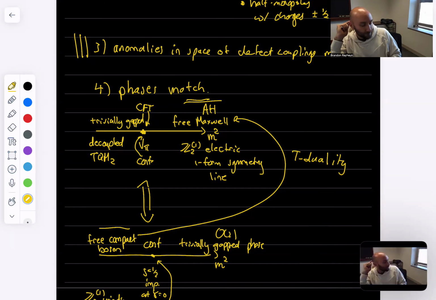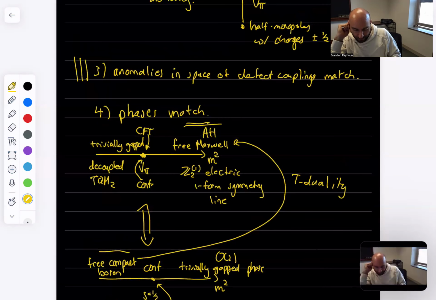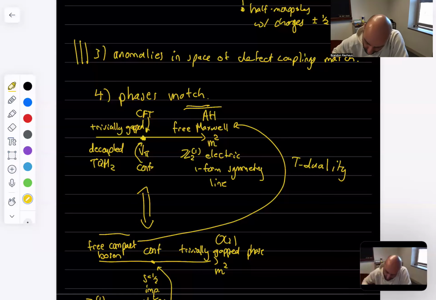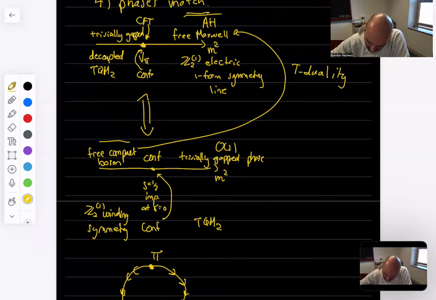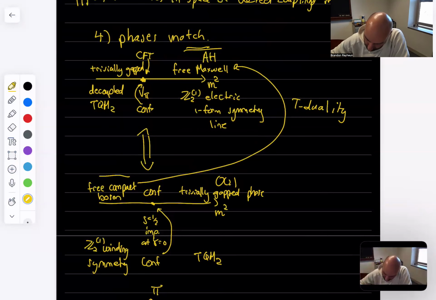Right. So the way that we argued that you get a decoupled qubit in this very negative mass squared phase of the abelian Higgs model was semi-classical.